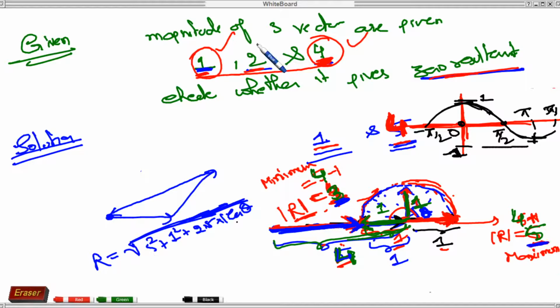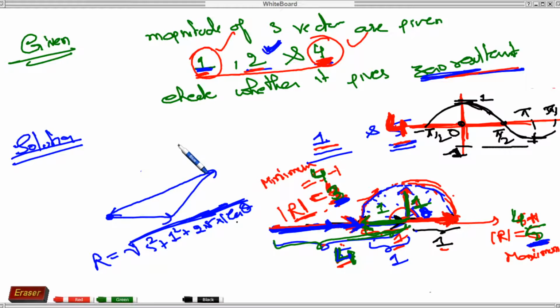Okay, so this 2 does not lie in that range. If its minimum value is 3 and maximum value is 5 of resultant, then if it's 2 here, you cannot say that it will give 0 resultant.